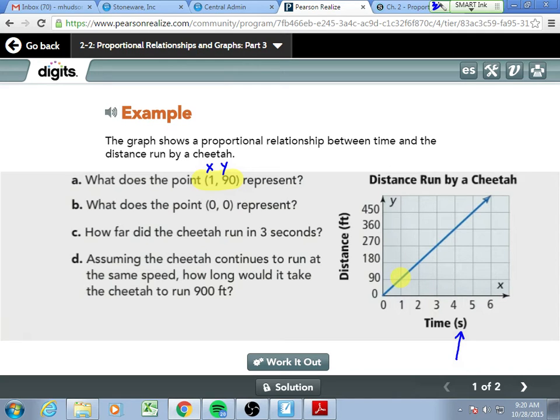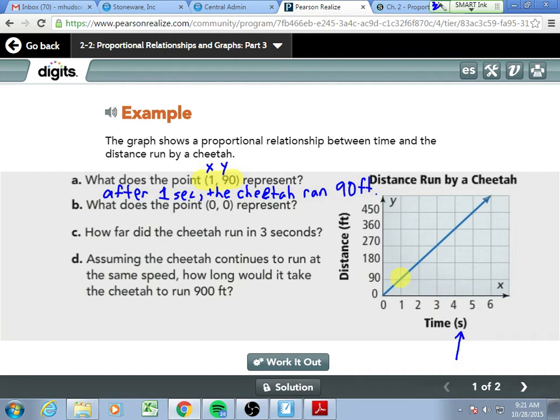Distance in feet. So we could say that for A, what does (1, 90) represent? That after 1 second, the cheetah has run 90 feet.